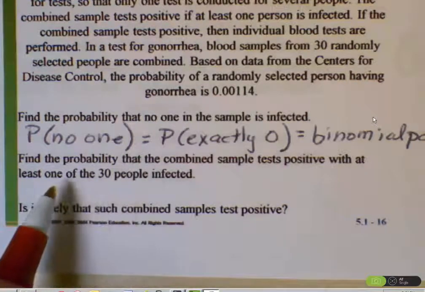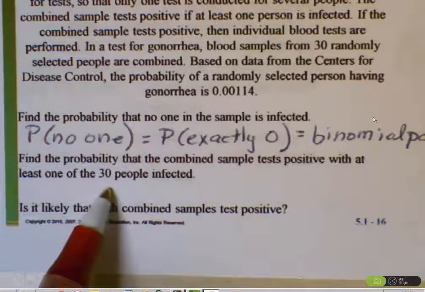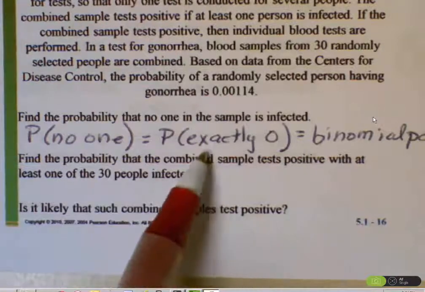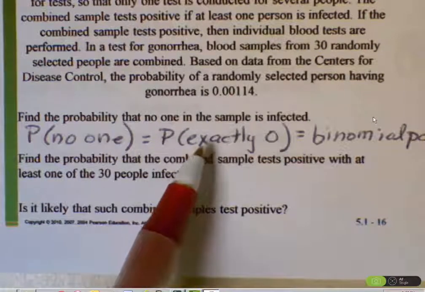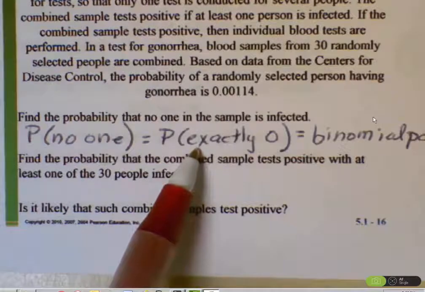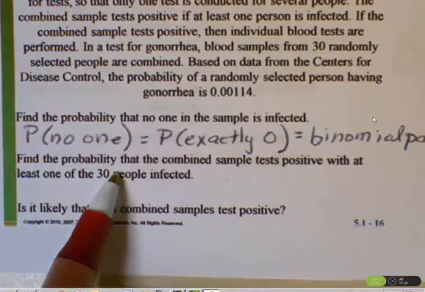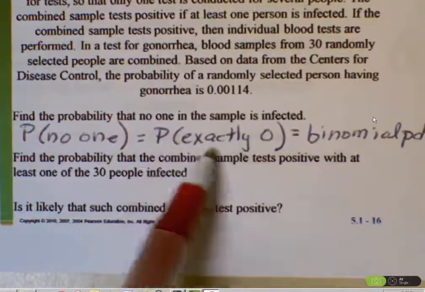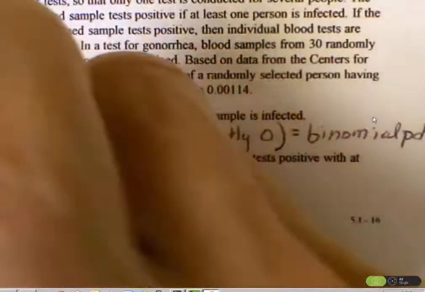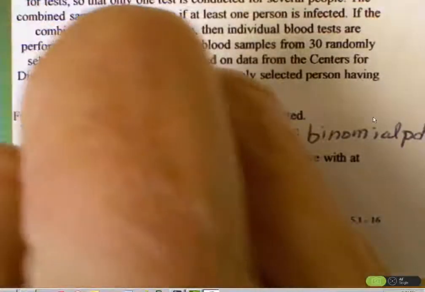Or we could just say at least 1 is the complement of none. Either none have gonorrhea or at least 1 does. So we already have this probability of at least 1.